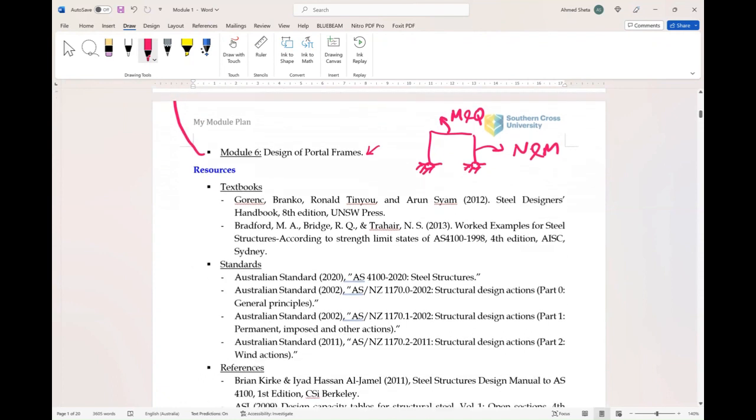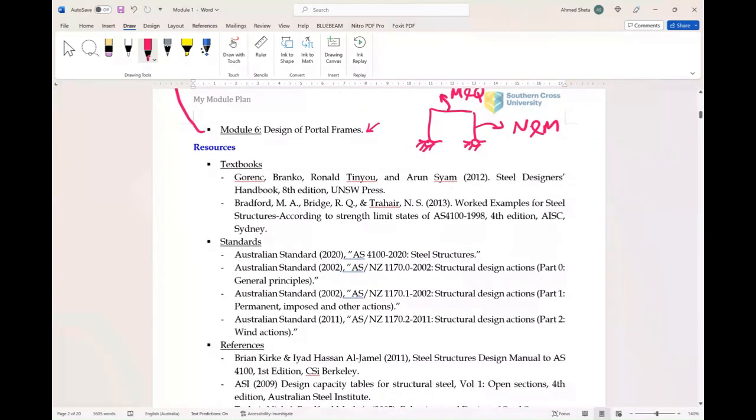There are some textbooks that you can use as resources, which are the Steel Designer's Handbook and also Worked Examples for Steel Structures according to AS 4100.